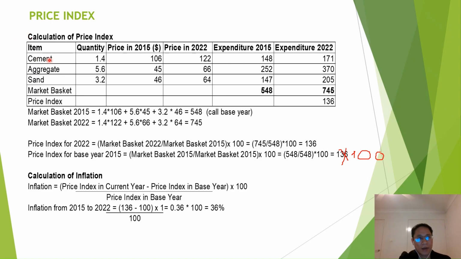In here we have three goods and services: the first one cement, second aggregate and sand, and the quantity and price in 2015, which is the base year. We call it the base year because we will compare the current year with the base year.